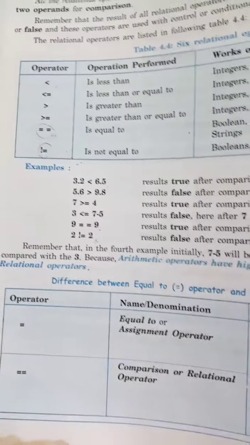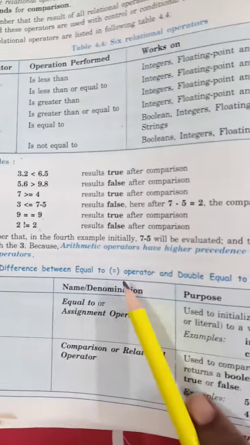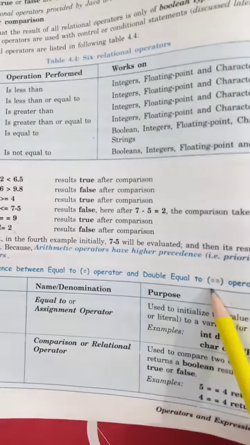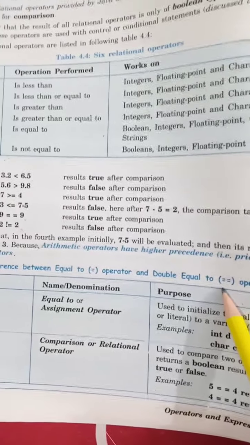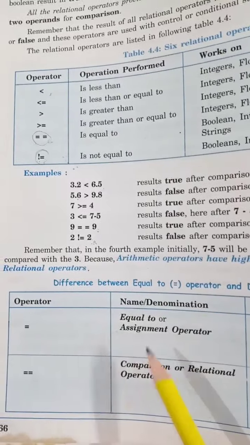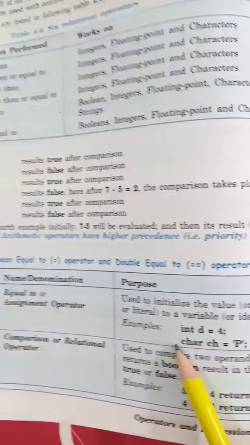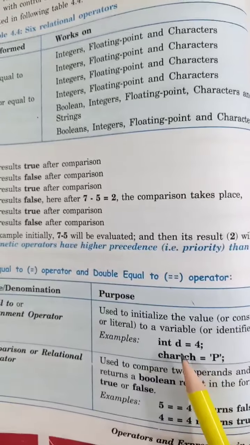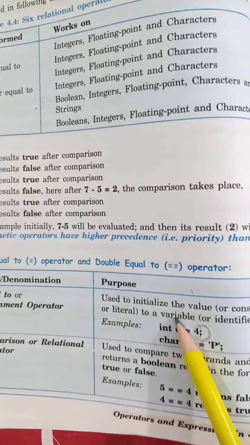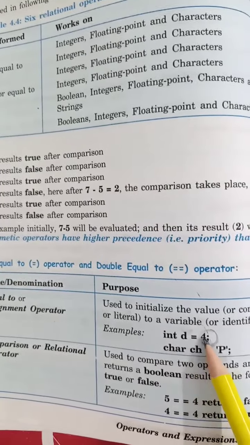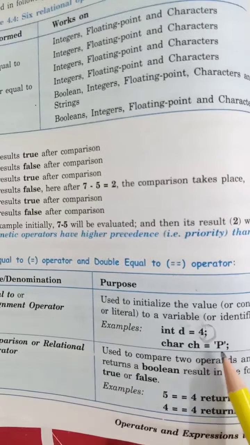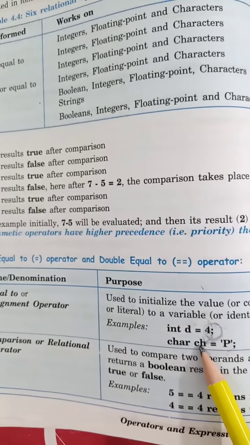Now the difference between single equal to and double equal to. As I told you, the purpose of double equal to is to compare two values, whether the two values are the same or not. And single equal to is the assignment operator. If you write int d equals to 4, it means you are assigning the right hand side value to the left hand side variable, storing value 4 into d. You are storing or assigning p to character ch.